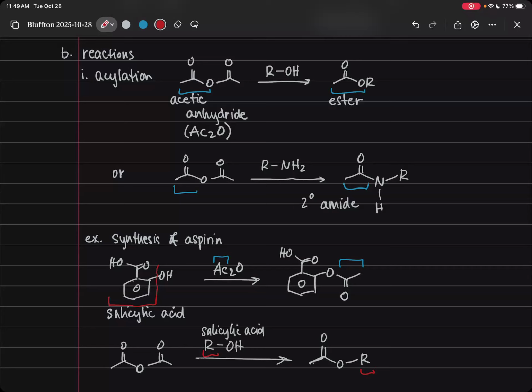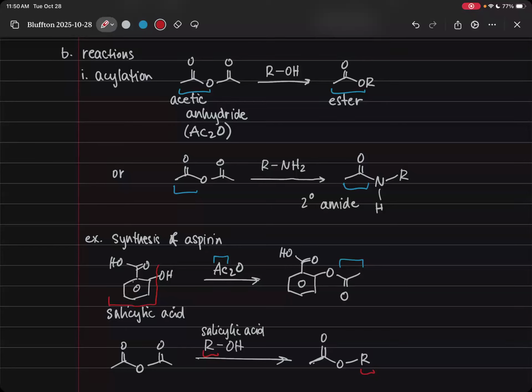If there's anything you should remember about acid anhydrides, that is that they're symmetrical, right? I mean, you could have different substituents on either side. It's certainly less common than having something like acetic anhydride where it is symmetrical.